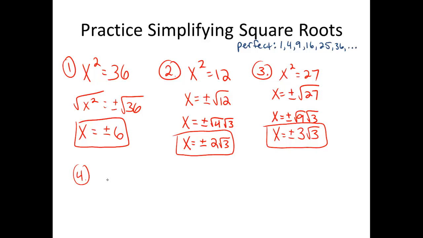Okay, number 4, let's look at x squared equals 48. Start off, take the square root of both sides. We want to look and see which perfect square goes into 48, and it is 16. 48 is 16 times 3.